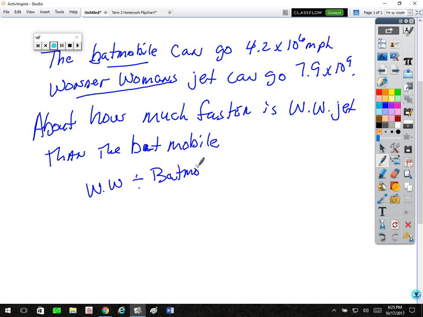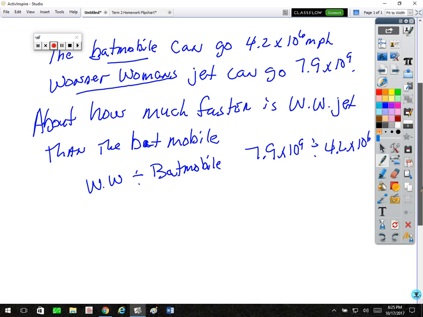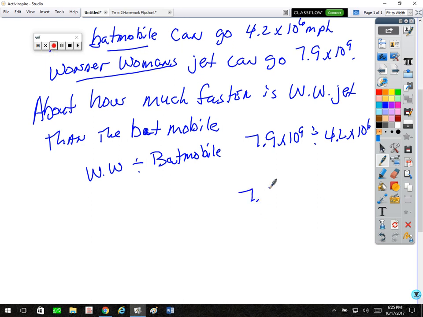So it's going to be 7.9 times 10 to the 9th divided by 4.2 times 10 to the 6th. We're just going to estimate this one to the nearest 10th or 100th. Alright, so remember 7.9 goes inside, 4.2 goes outside.